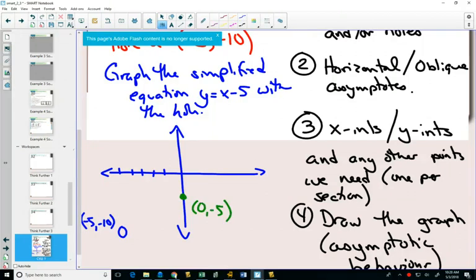I guess you are sort of still doing some of the graphing steps. What else do you know about this line? It has a slope of 1, so you could go over 1, up 1. Maybe you find your x-intercept by plugging in 0 for y. And you draw your graph putting arrowheads on the end of your straight line with the hole, and we've got an empty hole on that graph.